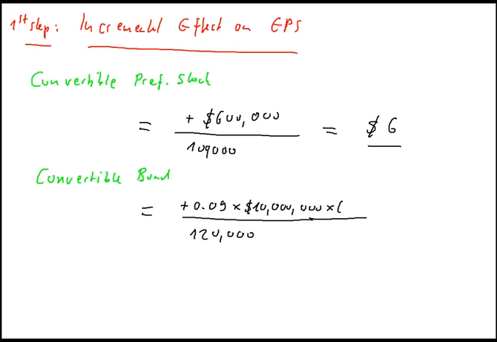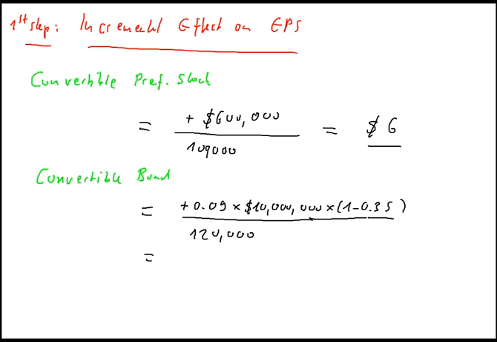That means times 1 minus the tax rate of 35%. I just plug in the figures in the calculator: 0.09 times $10 million, and I multiply that with 0.65.